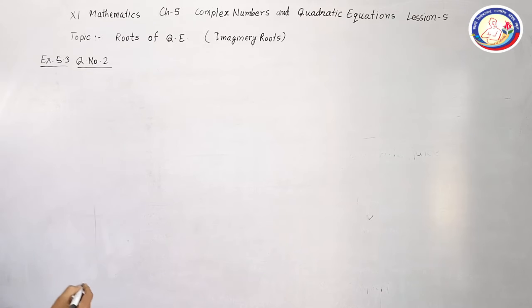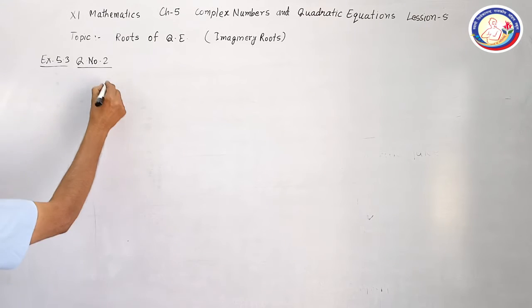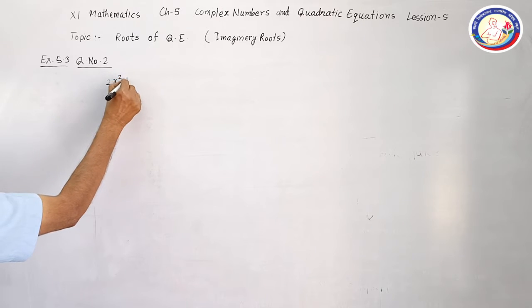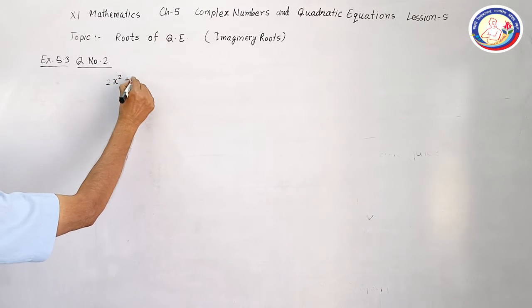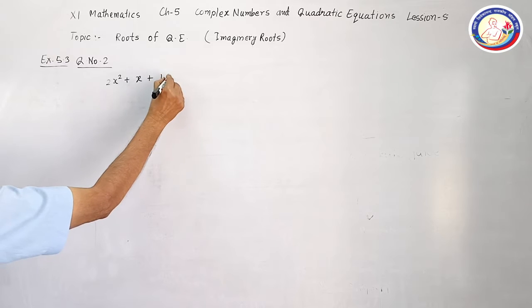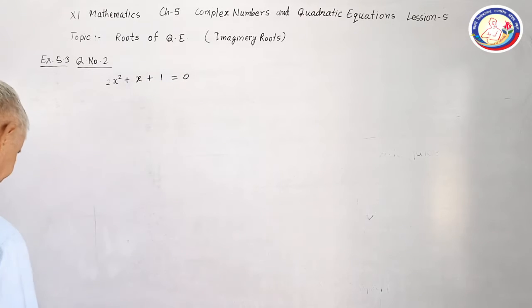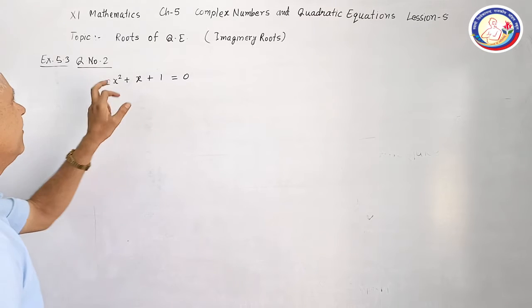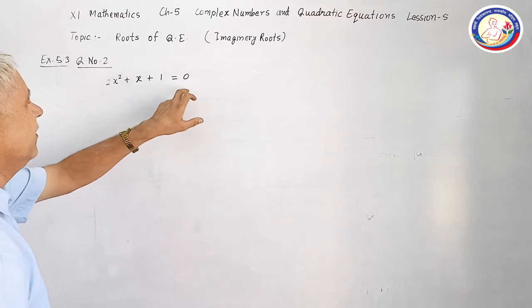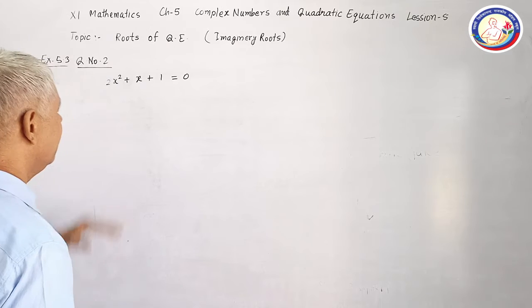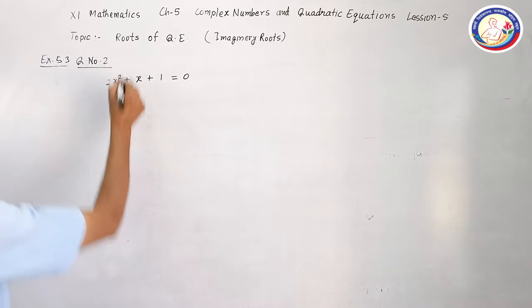It is 2x square plus x plus 1 equal to 0. We can find the roots in following way, or we can solve this equation in the way I am telling you.